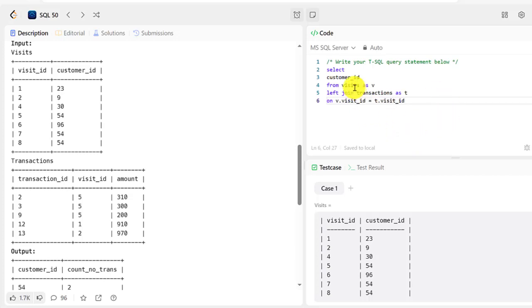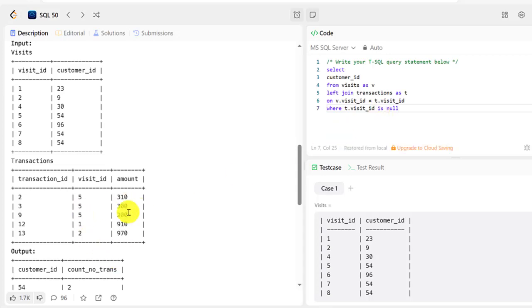Okay, so now on our visits table, we have all the visits. In our transaction table, we have all the transactions. So now if I want to exclude all the visits that are in the transactions table, because we are trying to find out all the customers who visited without making a transaction, what I can do is I can just say here in the where clause, T.visit_id is null.